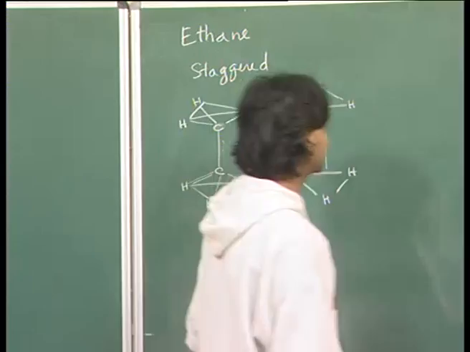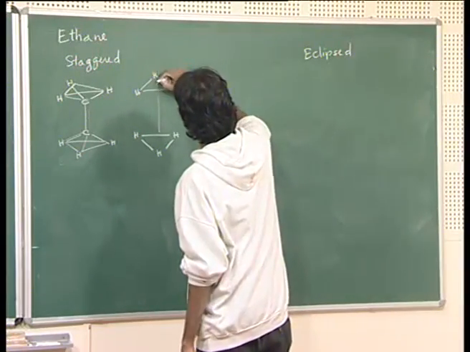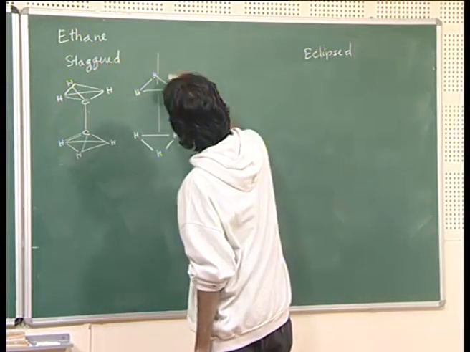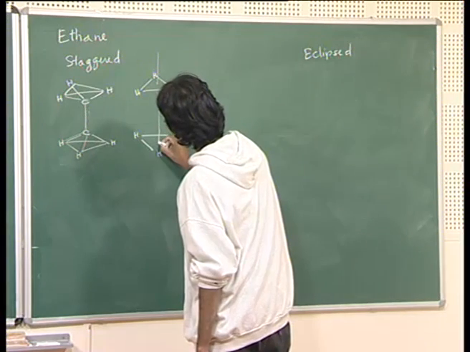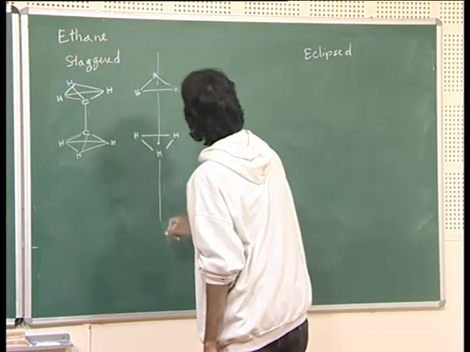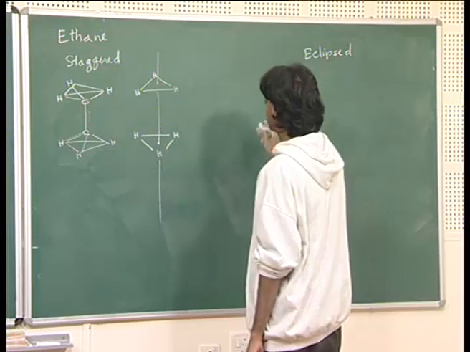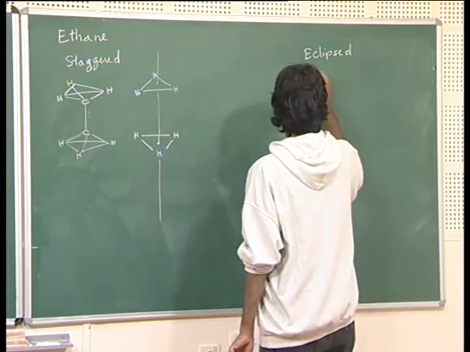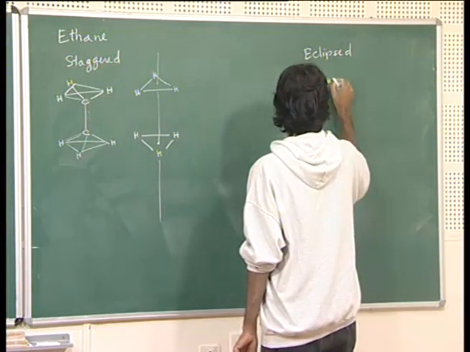The eclipsed conformation, on the other hand, will have both of them pointing the same way.